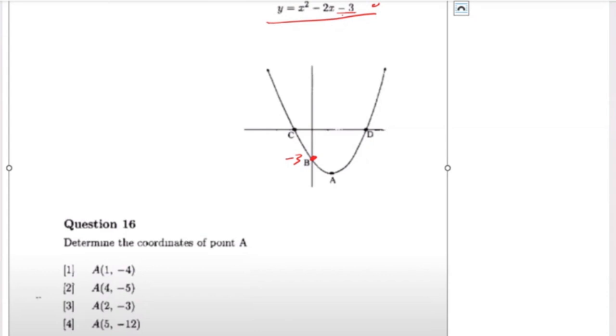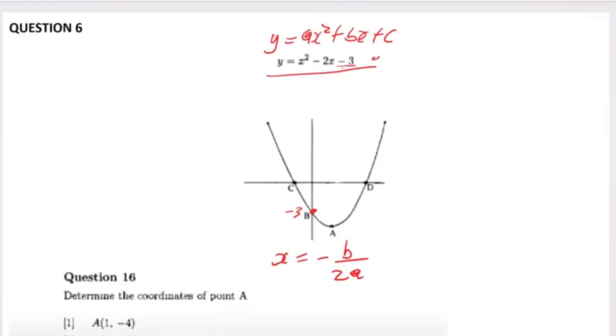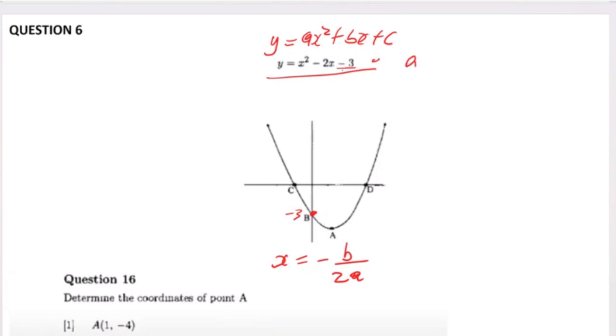So the determinants of A is for the turning point. That means here I need my x of symmetry. So I'm going to have x is equal to minus b over 2a. Okay, so here I know that my a is equal to 1, my b is equal to -2, my c is equal to -3. Okay, so now this is going to be equal to -(-2).